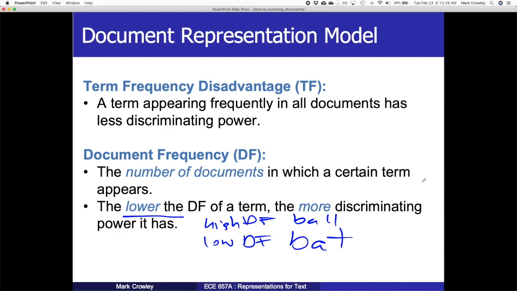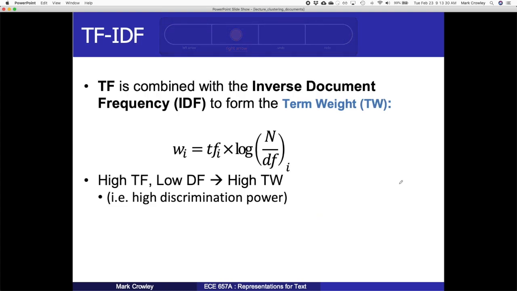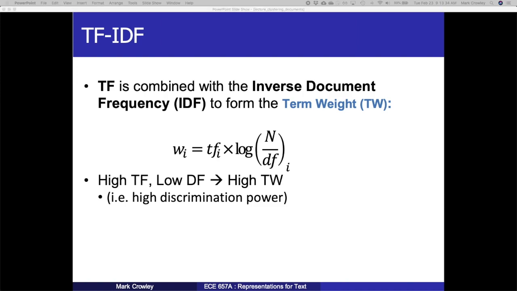Okay, so then we can combine some of these ideas together and start giving us some really useful scoring methods that we'll use for terms. We combine both of these together. We take the term frequency for a word: how often does that word show up in the document?